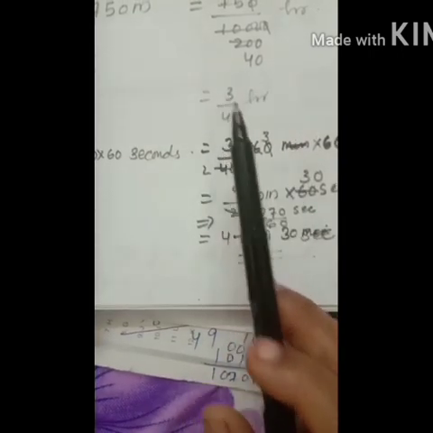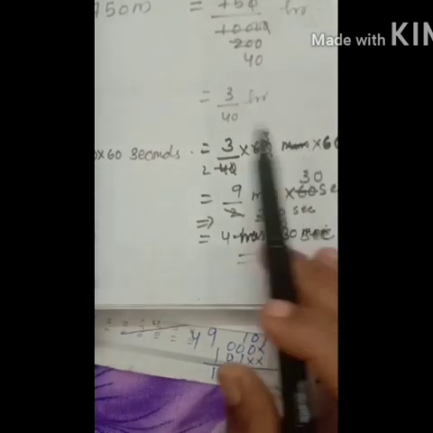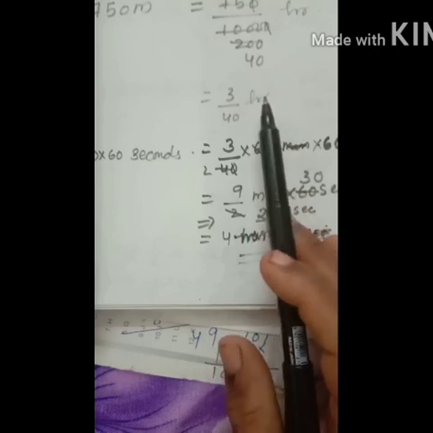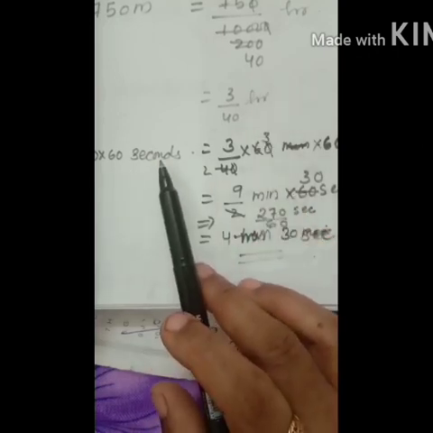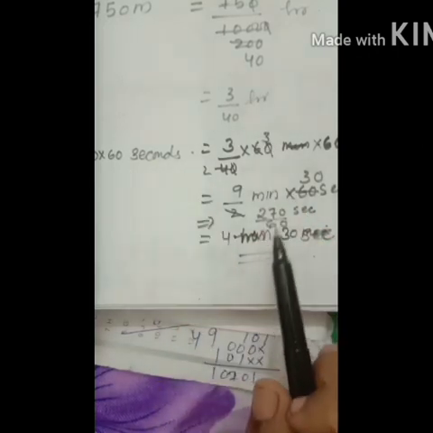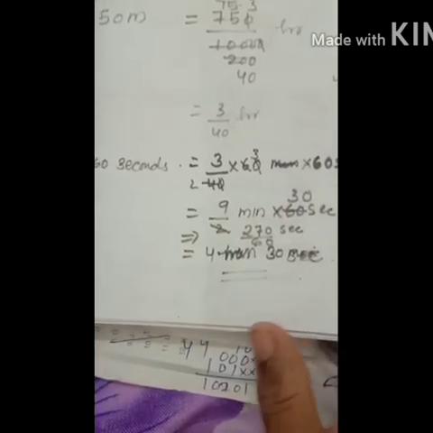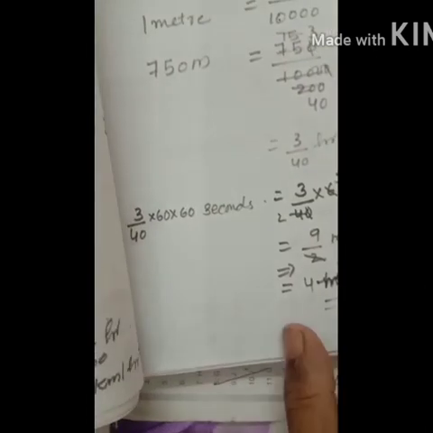You will get the answer in hours and minutes. Here you want minutes and seconds. So you convert the hour into total seconds. After that you divide by 60. You will get minutes and seconds. Clear?